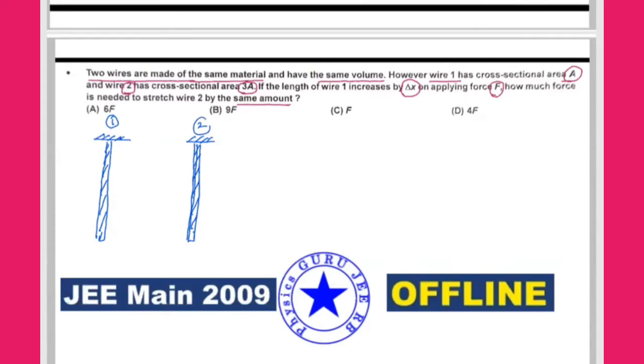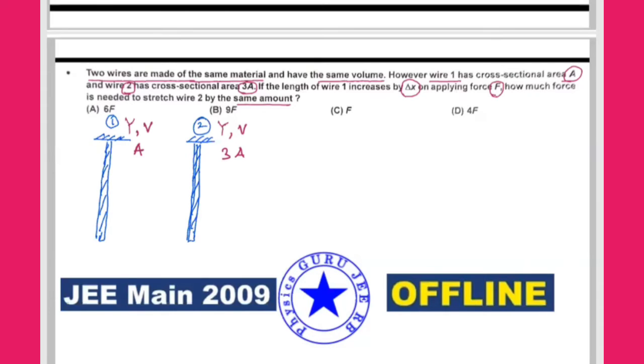Same material means they have the same Young's modulus. Both have the same volume also. However, the first one has area of cross section A, and the second one has 3A.